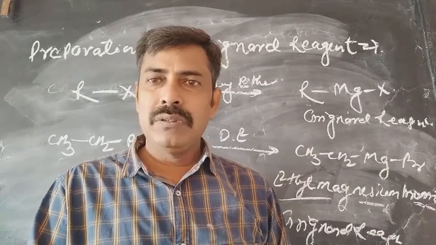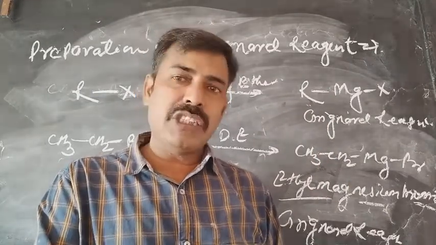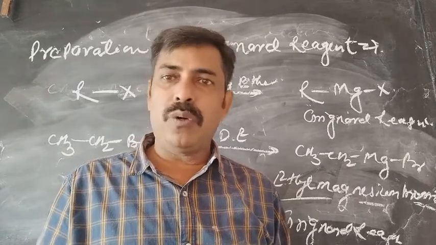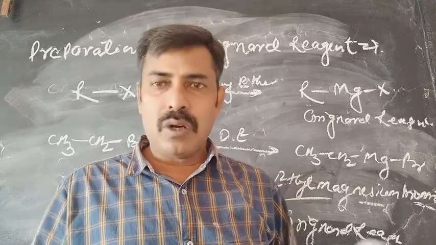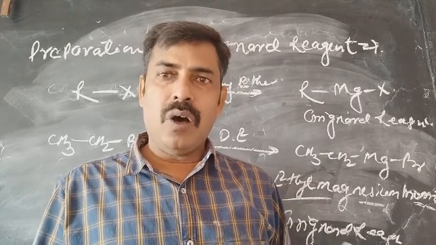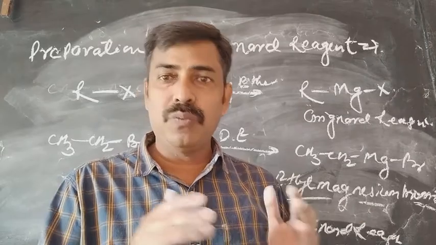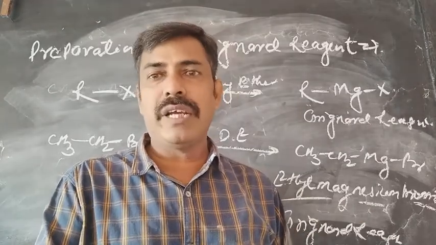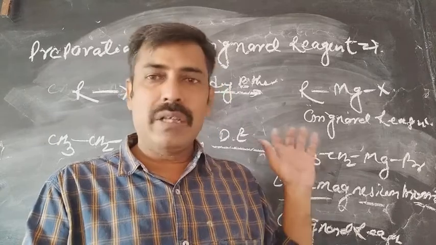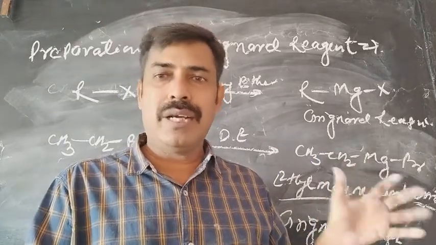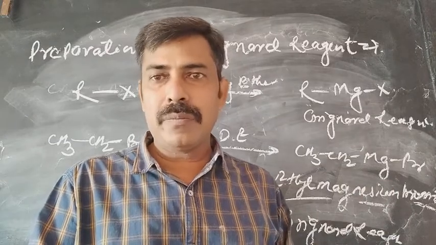As a result, a selected bond participates in the reaction. The other bonds which are not needed do not react. Only those bonds react which are necessary, which we are trying to get reacted. This is the reason why the Grignard reagent is such an important intermediate.